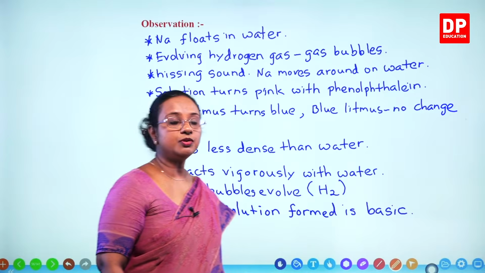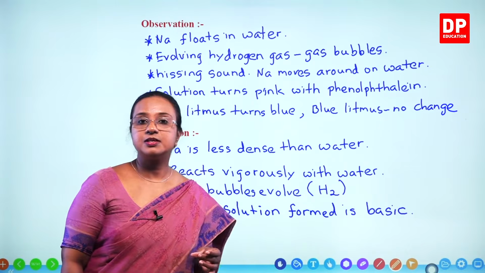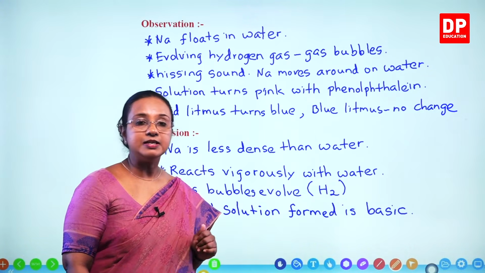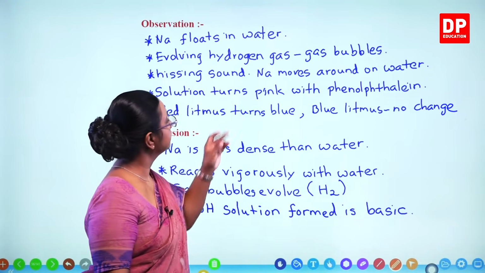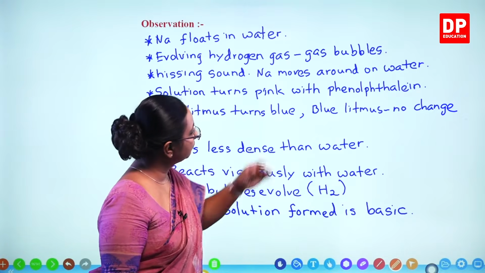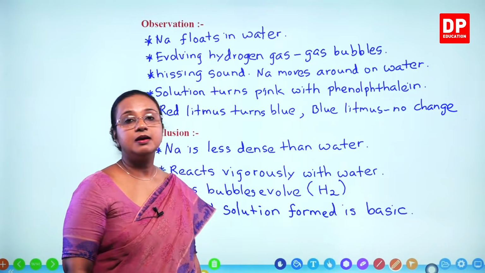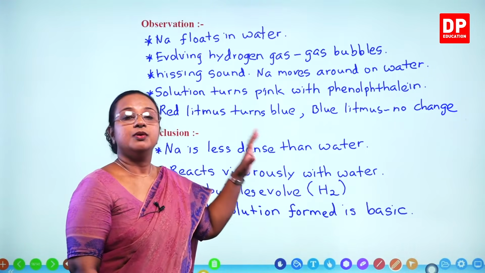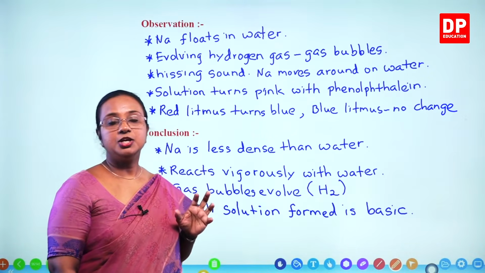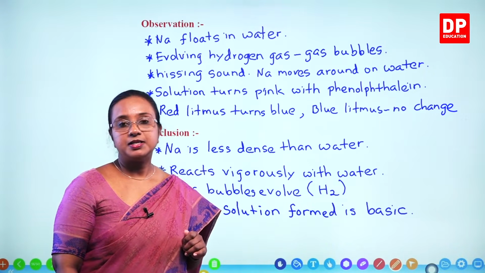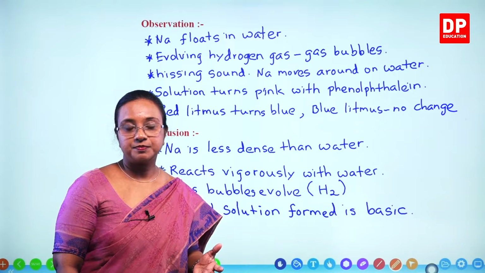So here also we know that it is sodium hydroxide. So we can confirm that it is a base using the test with both phenolphthalein and blue and red litmus papers. With this activity, you all know the chemical properties of sodium.